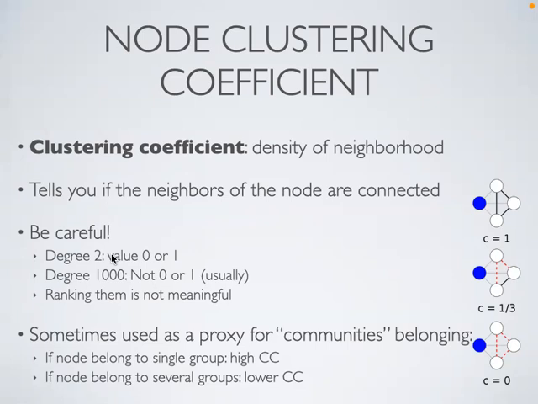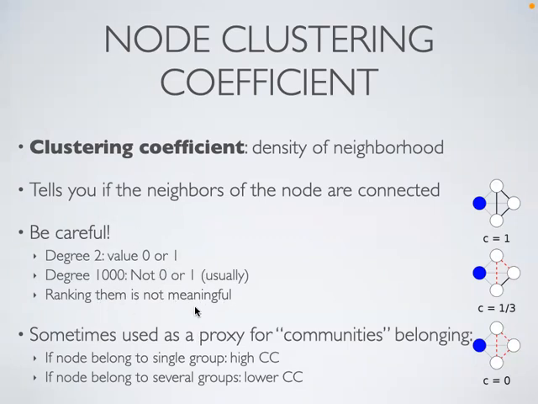Either your two friends are friends together and it's 1, or they are not and it's 0. Nodes with a high degree tend to have values between 0 and 1, but neither 0 nor 1. So ranking them is not meaningful. It doesn't really make sense to look at the top nodes by clustering coefficient, while it makes sense to look at the top nodes by degree.